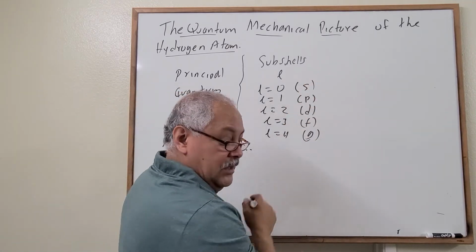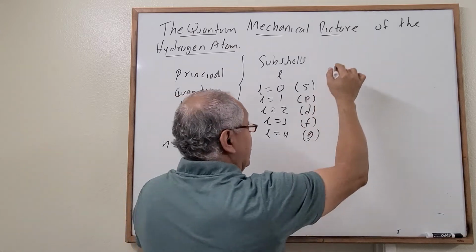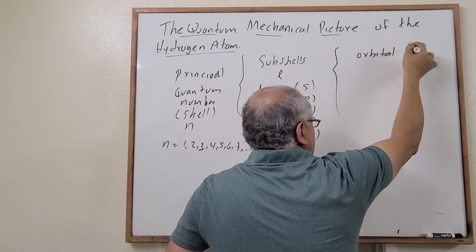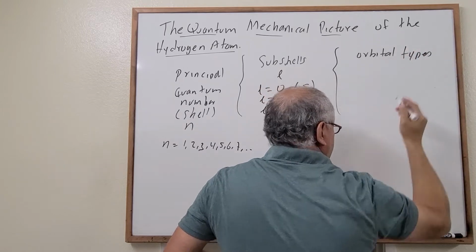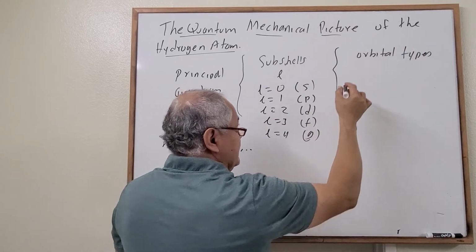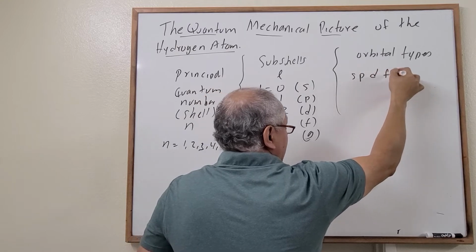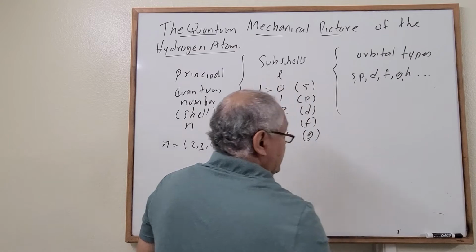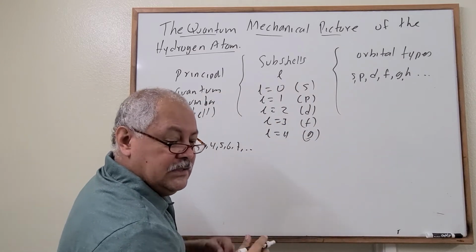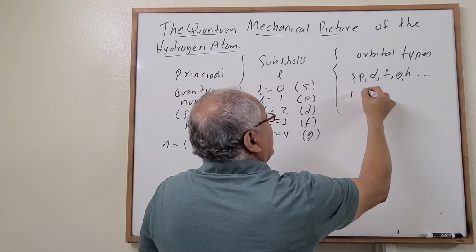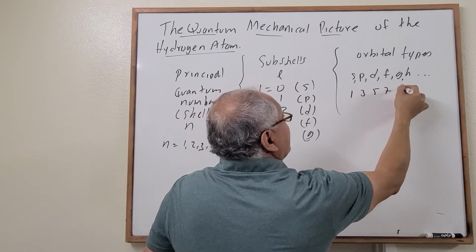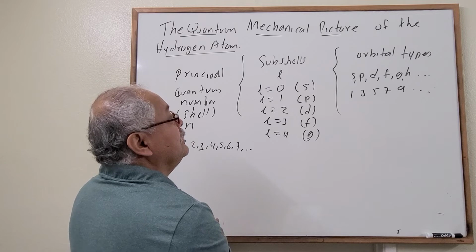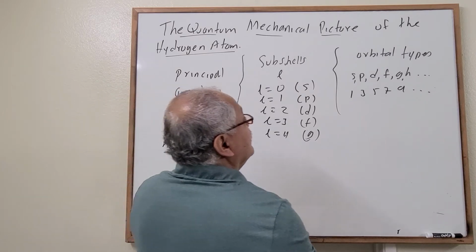Perfect. And then what do we have? We have the orbital types. Correct. Then we have one more time S, P, D, F, G, H, and so on. Correct. Each one has this number of orbitals. It has 1, 3, 5, 7, 9, and so on. Perfect.